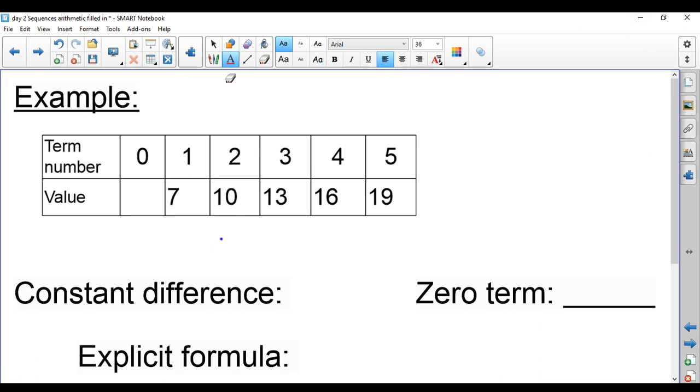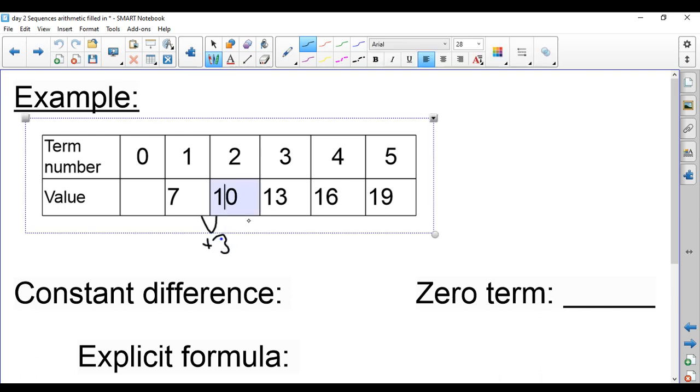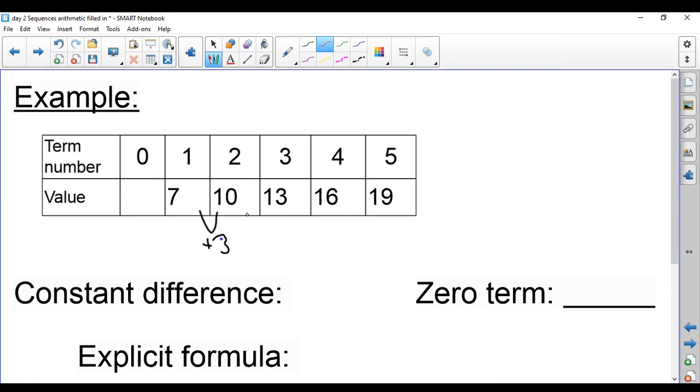Here's an example. Our term numbers again go 1, 2, 3, 4, 5, but I left an open space for the 0 term. If we look at our values, 7, 10, 13, 16, 19, we see that it goes up by 3 each time. 10 to 13 goes up by 3. 13 to 16 goes up by 3. 16 to 19 goes up by 3.